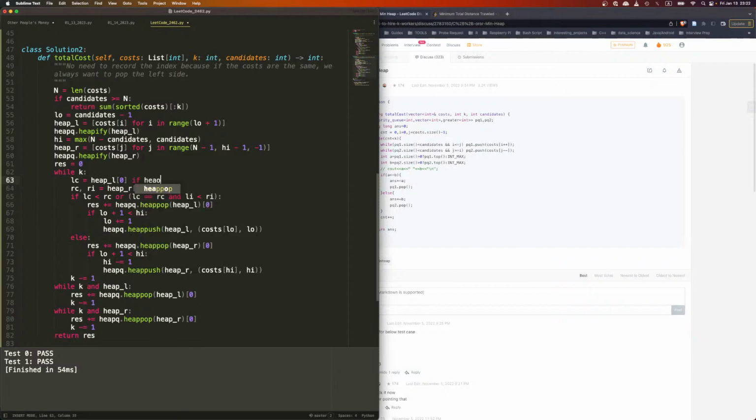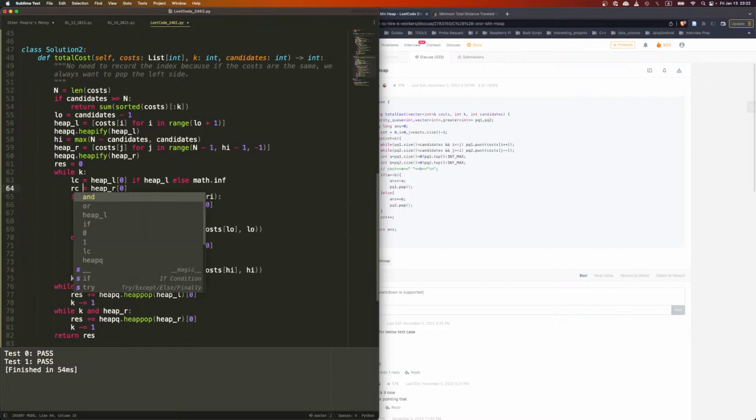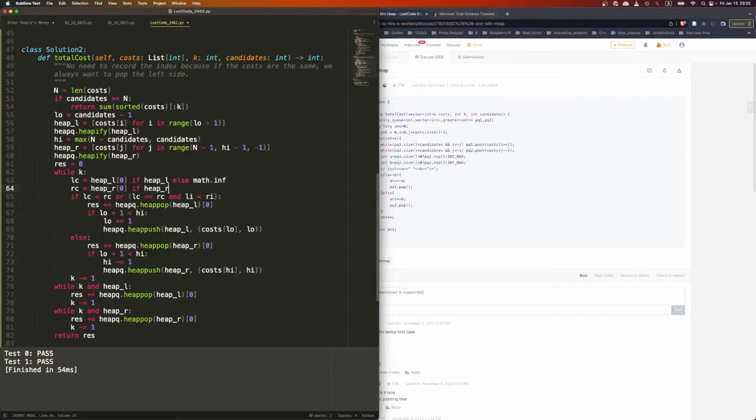If heap L else math.inf, this one's the same, if this heap R else math.inf.